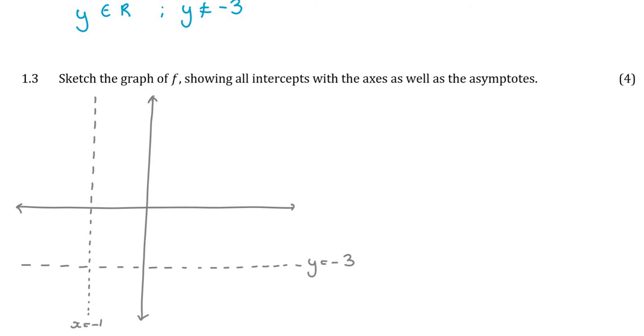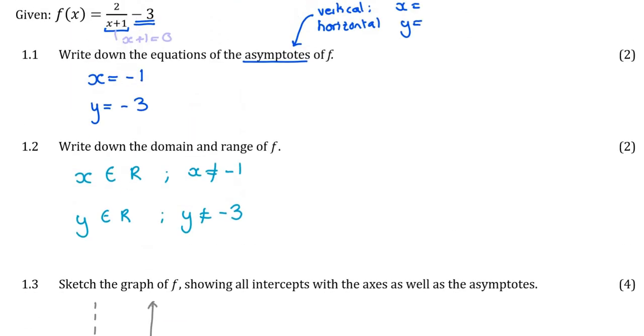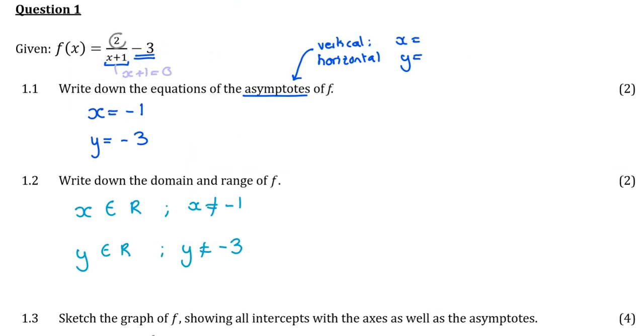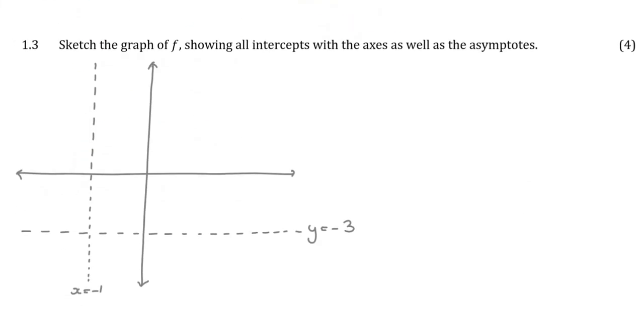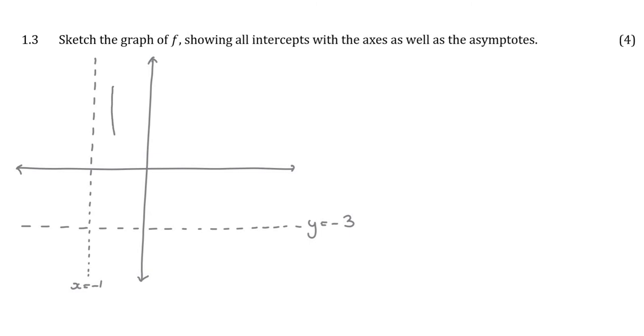Now I should be able to tell from my shape where my graphs are. This is a positive a value, which means that the two arms of my graph should be there and probably there. Unless it goes through the origin, in which case I'm going to have to redraw this.